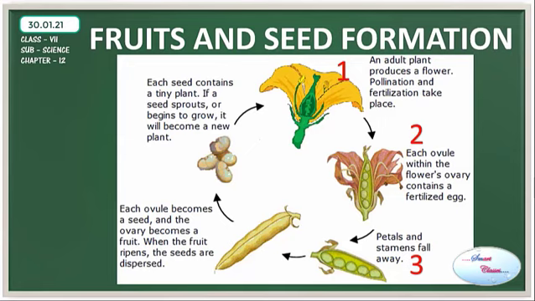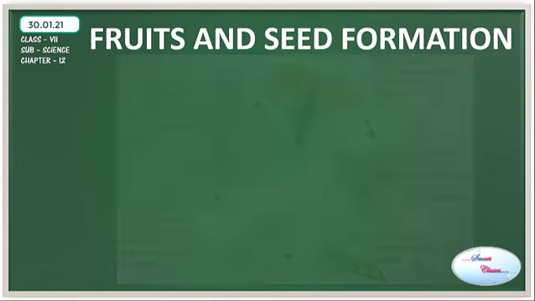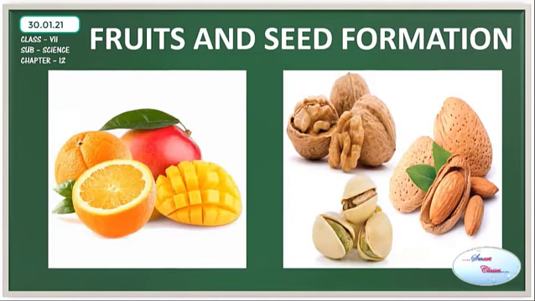Then each ovule becomes a seed and the ovary becomes the fruit. When the fruit ripens, the seeds are dispersed. Each seed contains a tiny plant. If a seed sprouts or begins to grow, it will become a new plant. Some fruits are fleshy and juicy, such as mango, apple, and orange, and some are hard like almond and walnuts.